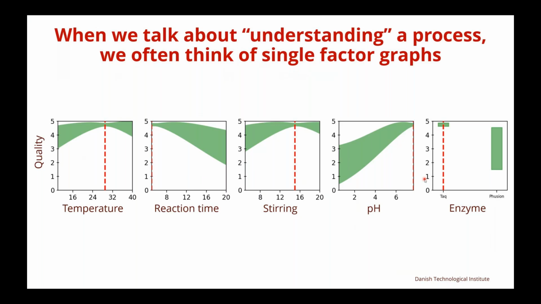And quite implicitly, when I say understand, it was usually meant that you need to draw graphs like these ones, where if you can tell using data that the quality of a reaction, or the yield of a reaction, changes with pH because this graph is steep, then you would say that pH affects your system.